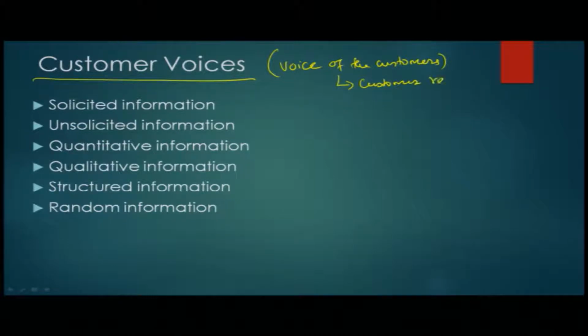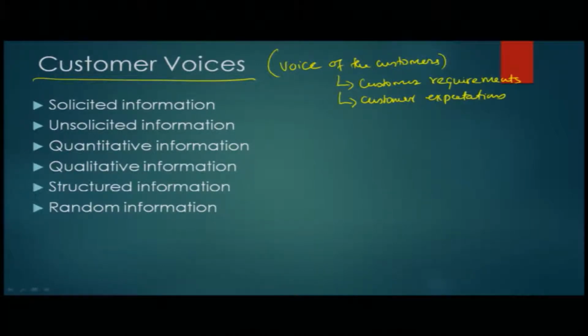Now, if you look at it, the customer voice, okay, whenever anybody mentions voice of the customer, or in systems engineering parlance, it is the customer requirements, or another word is customer expectations.